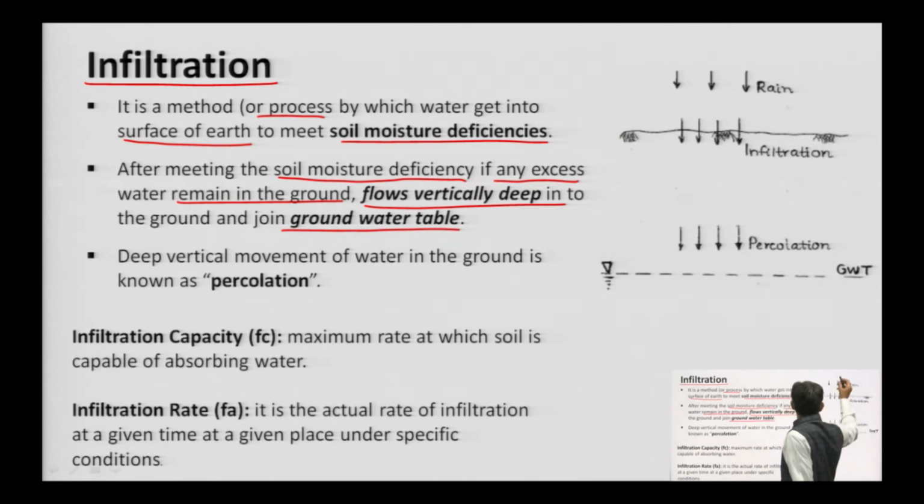Okay. Let us take one example. If precipitation is there, and this is, say, soil.